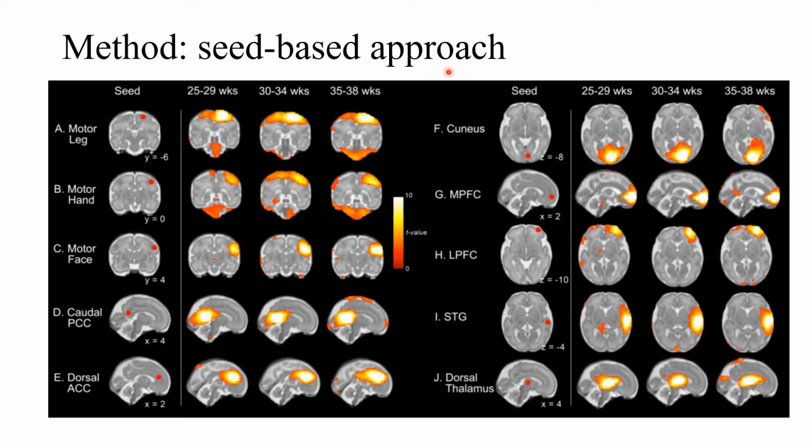What that means is that they define 10 regions of interest, or the seed regions, in the brain, and for each of these seed regions, they map the functional connectivity between the seed and the rest of the brain for all age groups. And then the statistical test was performed to analyze the changes between groups.